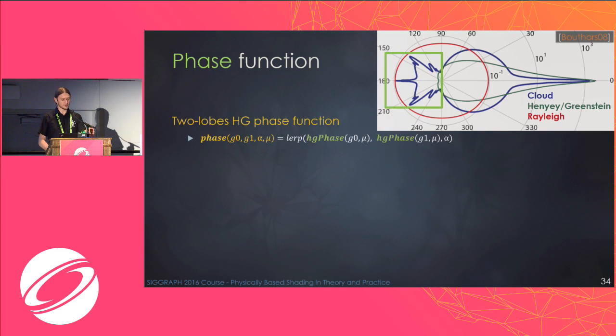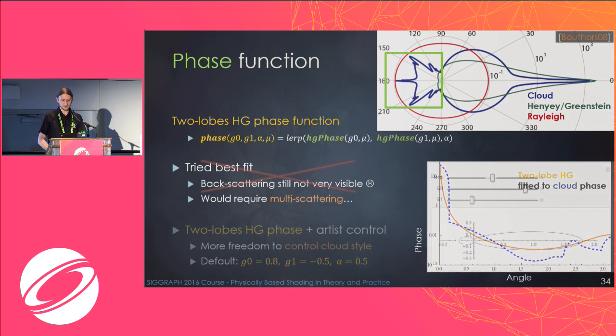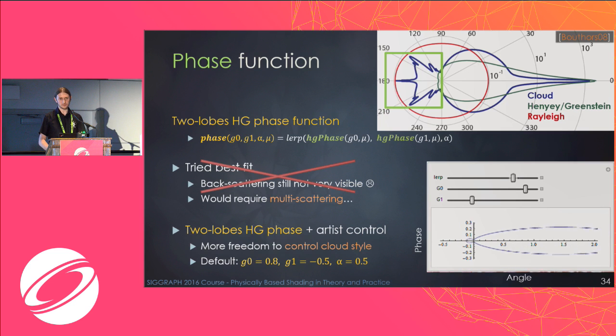So instead, what we propose, which has been proposed before already, is to use a two-lobe phase function. We first tried to make a best fit onto the complex cloud phase function. But this was not really working, and we think this is because we do not have multiple scattering simulation, so the back scattering in that case was still not very visible. So what we do, in fact, is give artists control over all the parameters of that function.